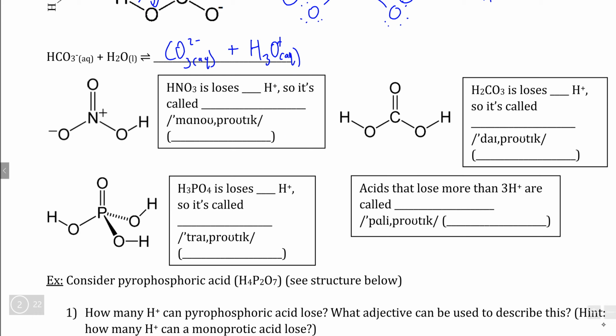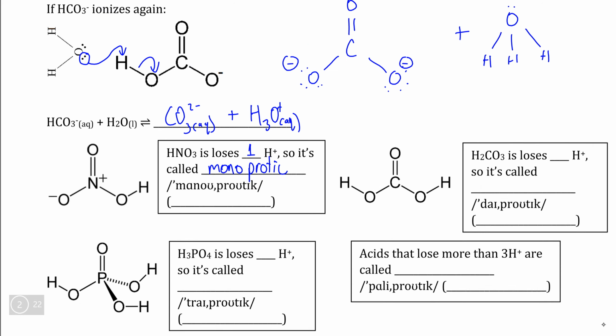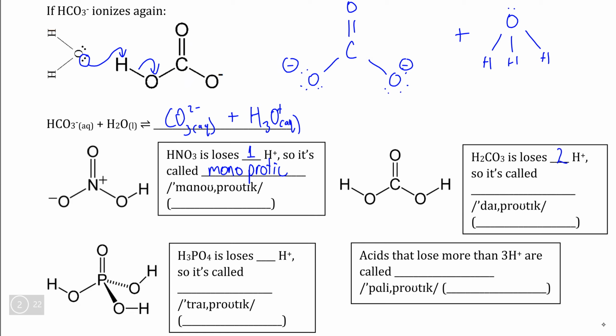So to conclude the video, we can put terminology to acids and bases depending on the number of H plus ions they lose or gain. So for example, nitric acid only has one H plus ion that it can lose, which means that we would call it a monoprotic acid, simply meaning one proton acid, while carbonic acid, the acid that we just saw, has two H plus ions that it can lose, so we would call it a diprotic acid.